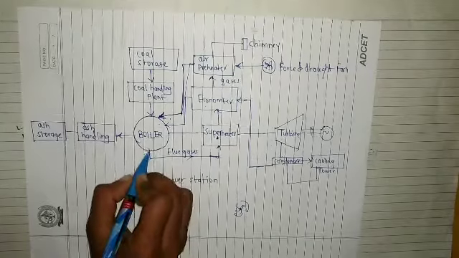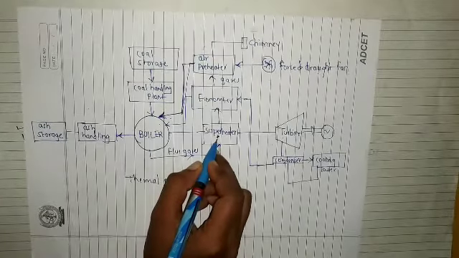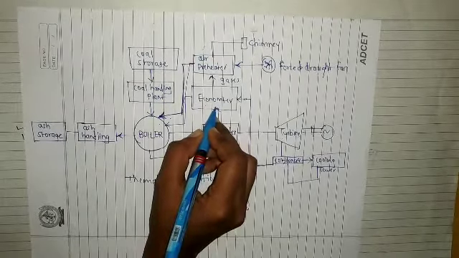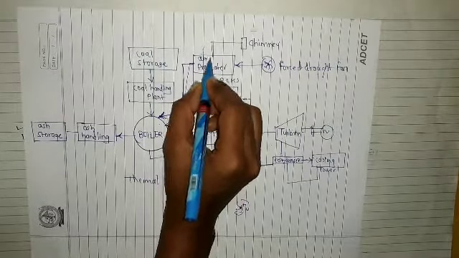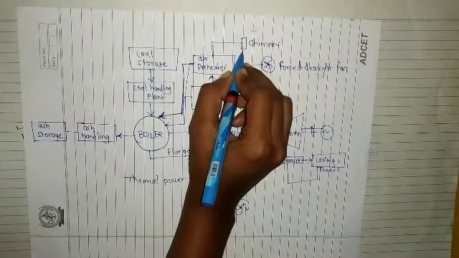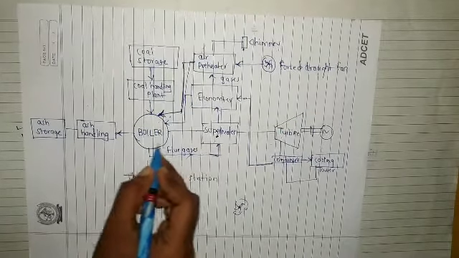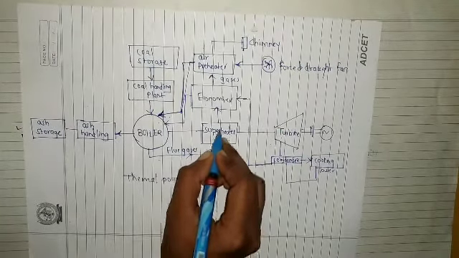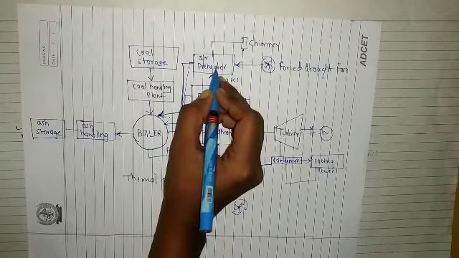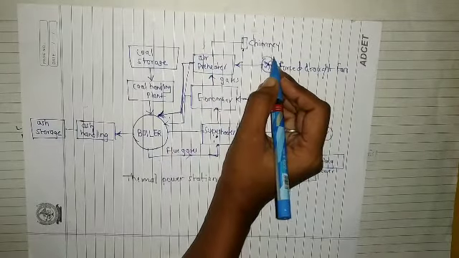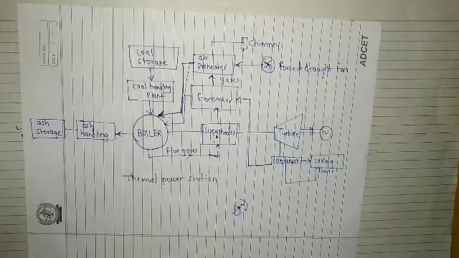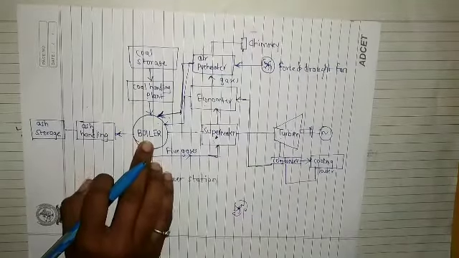These gases will travel from the superheater to the economizer, and to the air preheater, and then are given to the chimney, right? So trace their journey: superheater, economizer, air preheater, and to the chimney.